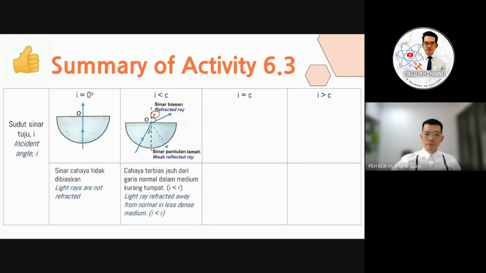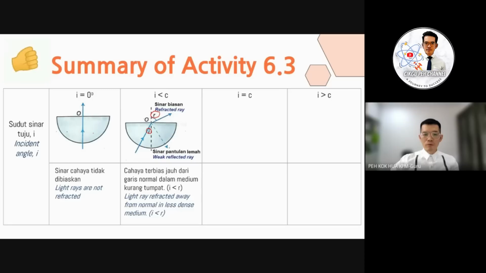When light passes from the denser medium to the less dense medium, the speed of the light increases and causes the light to refract away from the normal. So the angle of incidence is less than the angle of refraction here, and you can see a weak refracted ray appear here as a dotted line.